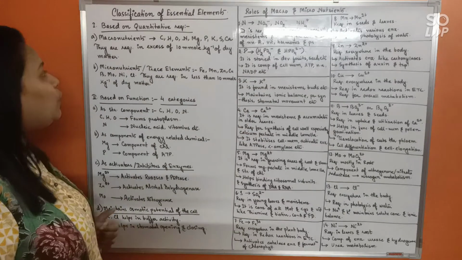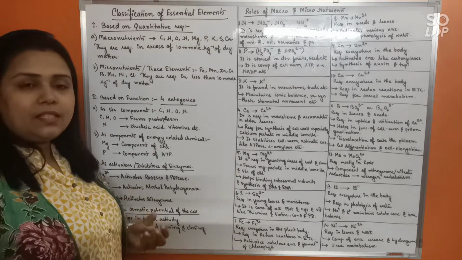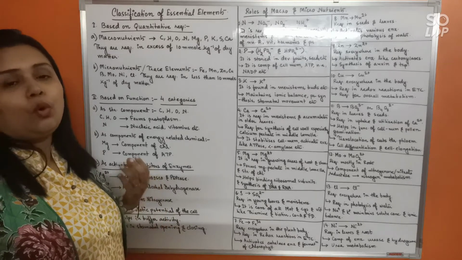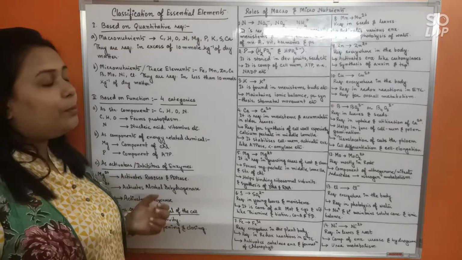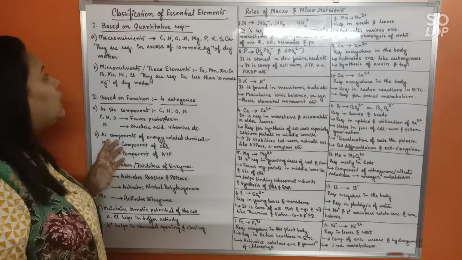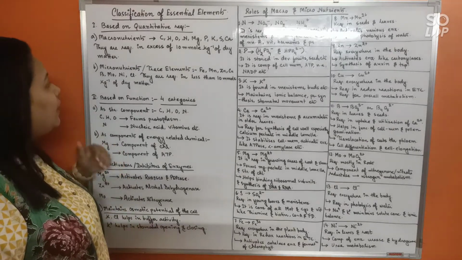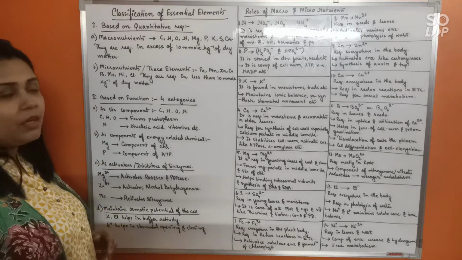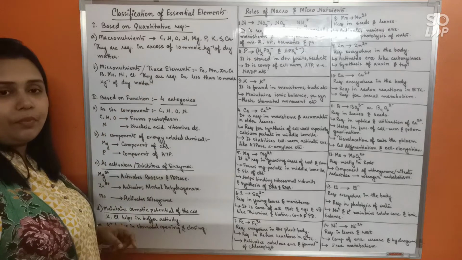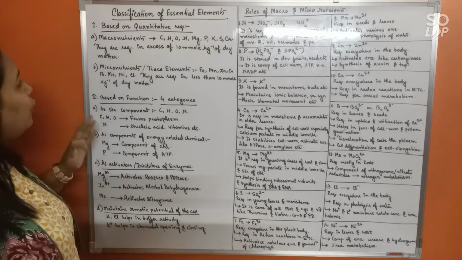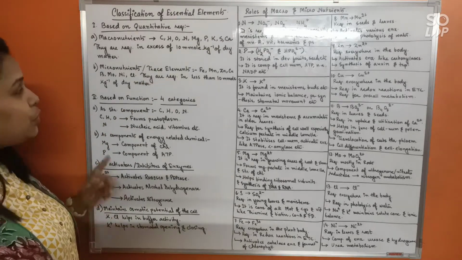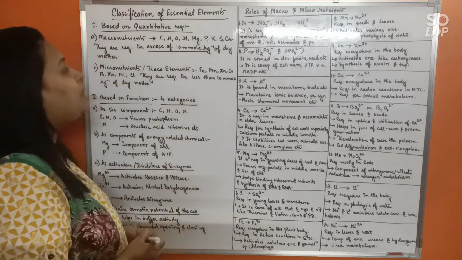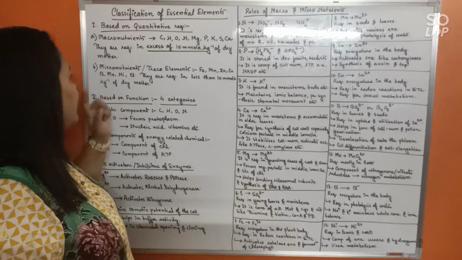First, based on quantitative requirement. That means in how much quantity the plant will require the elements for their overall growth and development. Based on quantitative requirement, the elements can be divided into two categories, that is macronutrients and micronutrients, also called trace elements. Macronutrients are elements required in more than 10 millimole per kg of dry matter.